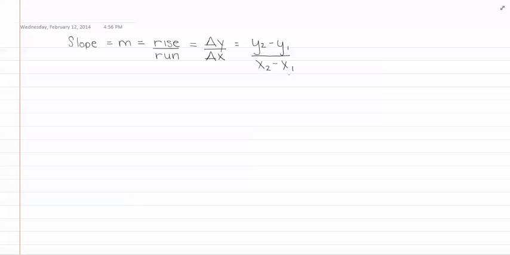Okay. So you can look at this graphically, or you can look at this purely by the formula. If I take a look at the formula and, for example, come over here to the point (-3, -5) and the point (1, 2), and I want to know what's the slope between those 2 points, I can actually draw a picture of the situation.